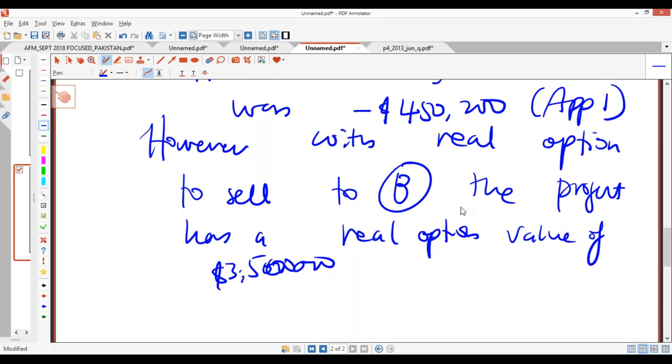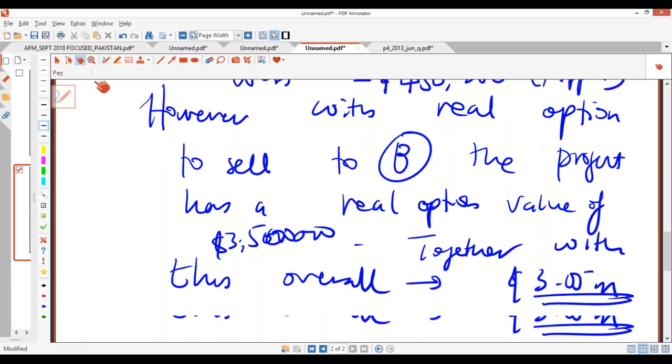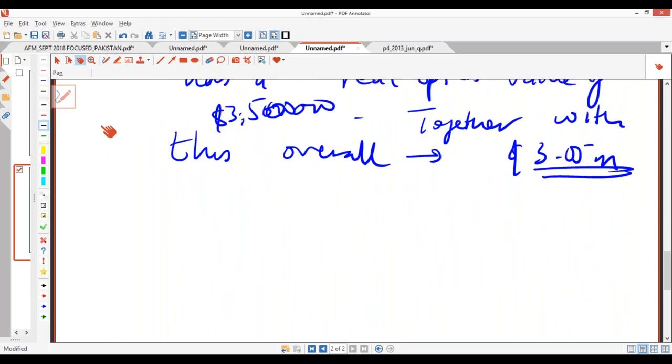Overall, together with this, it gives you 3.05 million. Okay, that's it. This is introduction plus some conclusion; we bring in some of our conclusion down here.